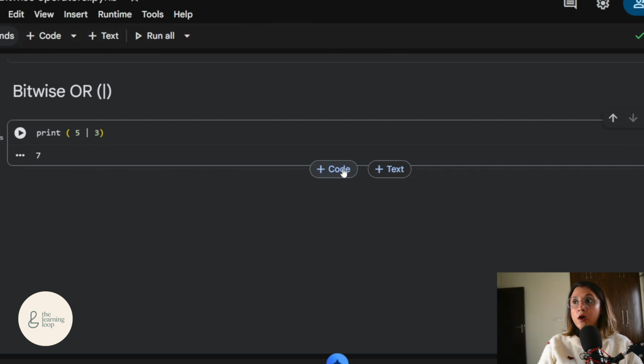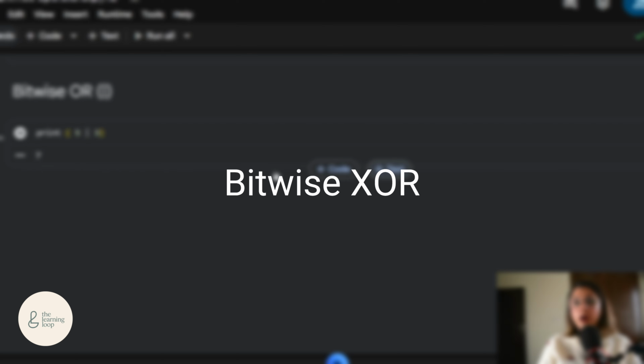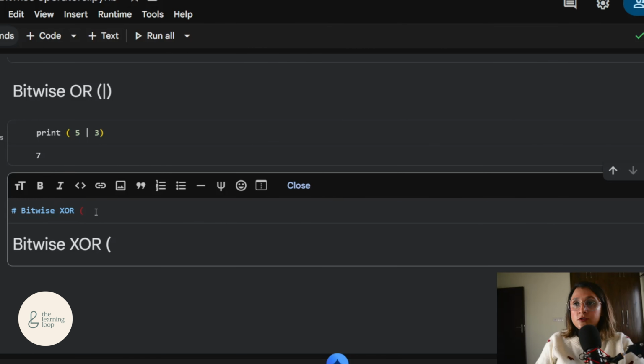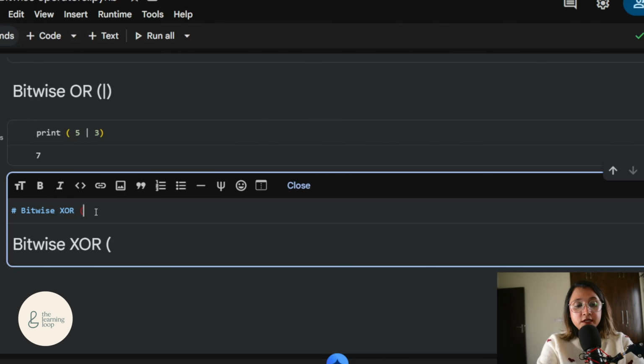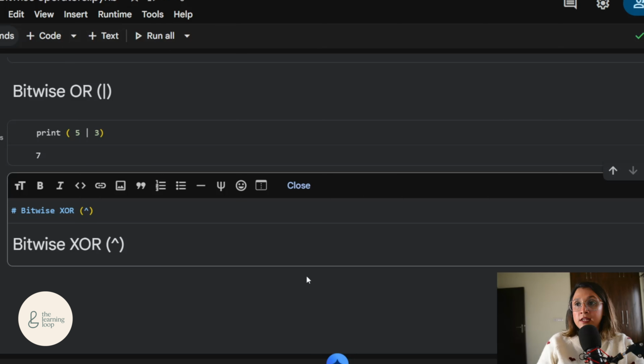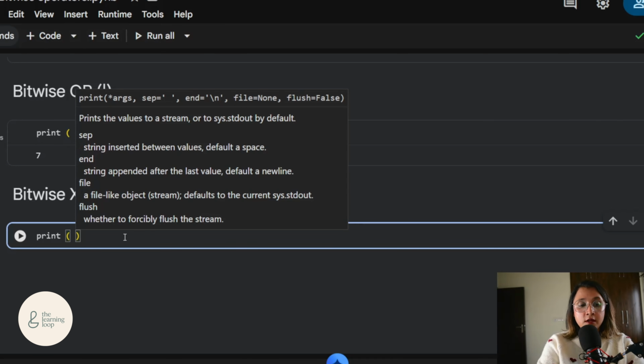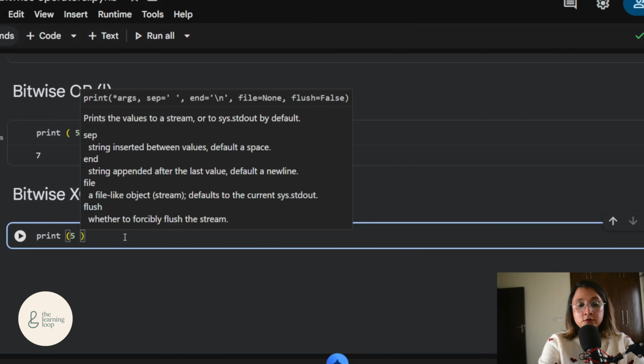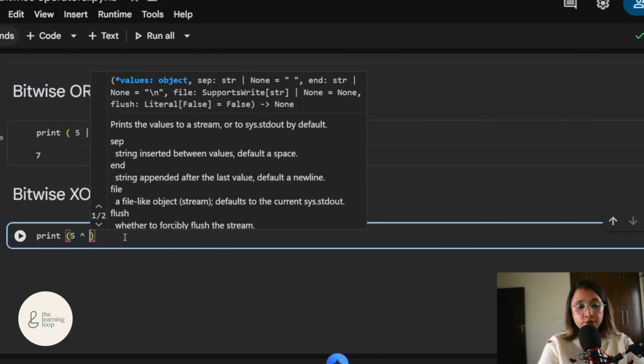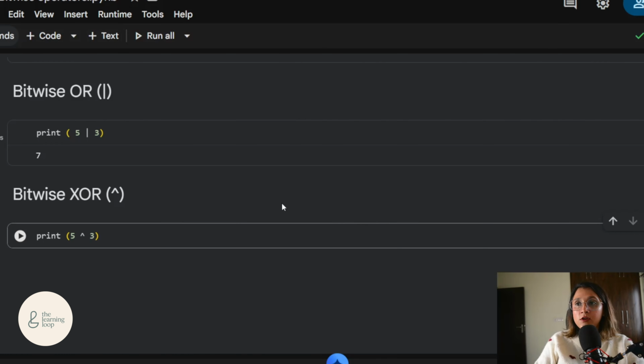The next one is Bitwise XOR. This Bitwise XOR is presented using the caret symbol. Let's now quickly go for an example, and again we will take the same example, 5 Bitwise XOR 3. Now let's understand what exactly XOR does or how XOR operates.